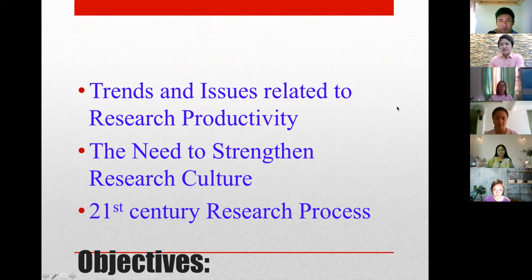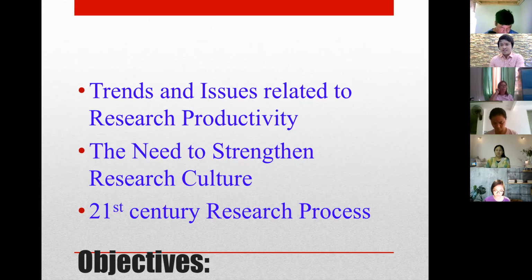Educators, mapa basic ed, mapa higher ed, napakadami. Sa DepEd lang, di ba? May million ba sa buong Pilipinas? Meron millions of teachers in the Philippines, pero why is it that we are always left behind in terms of research productivity? So we will discover later on.